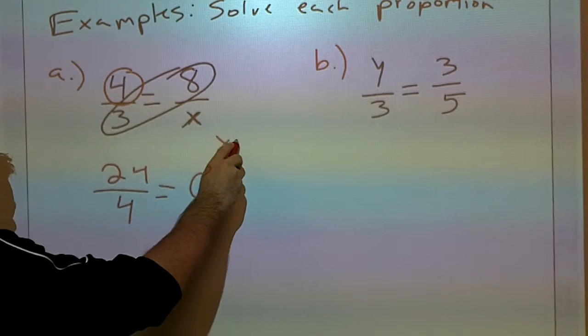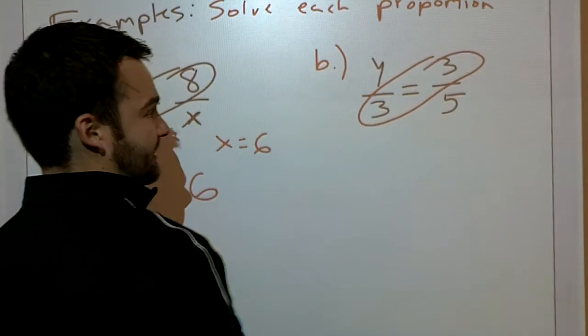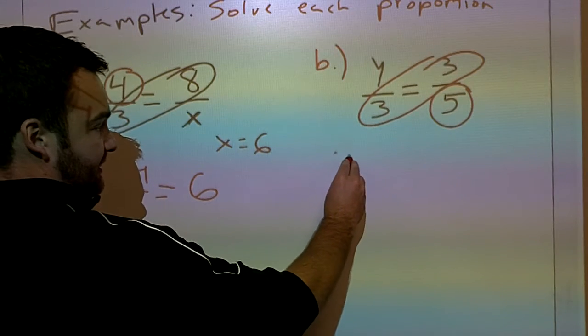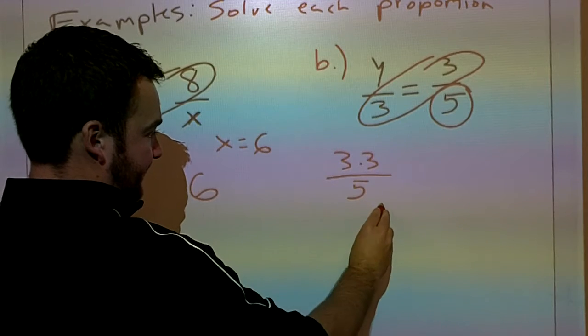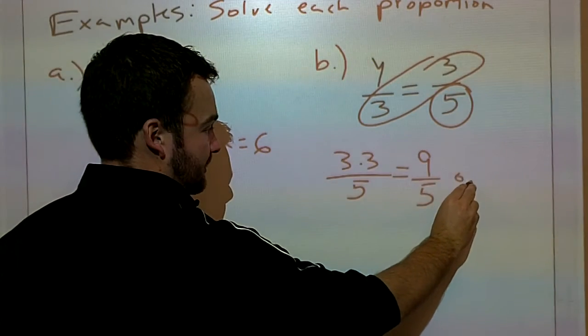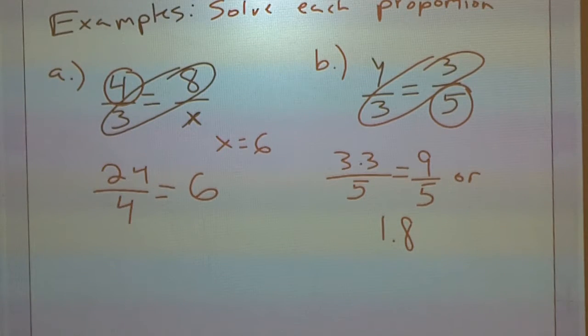So in our case, x equals 6. For letter B, y over 3 is equal to 3 over 5. Again, we multiply by that bat and divide by the ball, so 3 times 3 over the ball of 5, equal to 9/5, or about 1.8, okay?